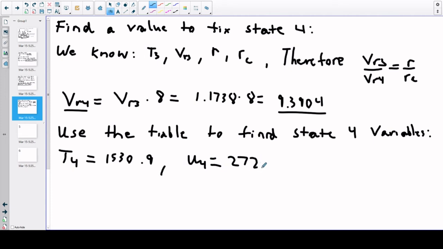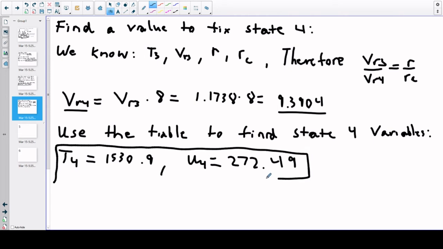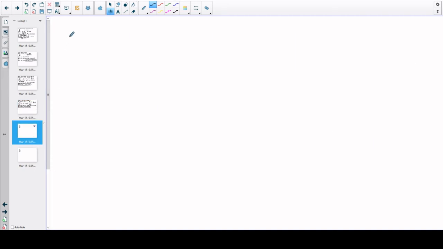And remember, in the diesel cycle, since it almost caught me earlier, 1 and 4 use internal energy values, U values. 2 and 3 use enthalpy values, H's. Something to note, because if you mess that up, you'll have a weird number at the end, or you'll get something different when you try to start solving for efficiency of the cycle.